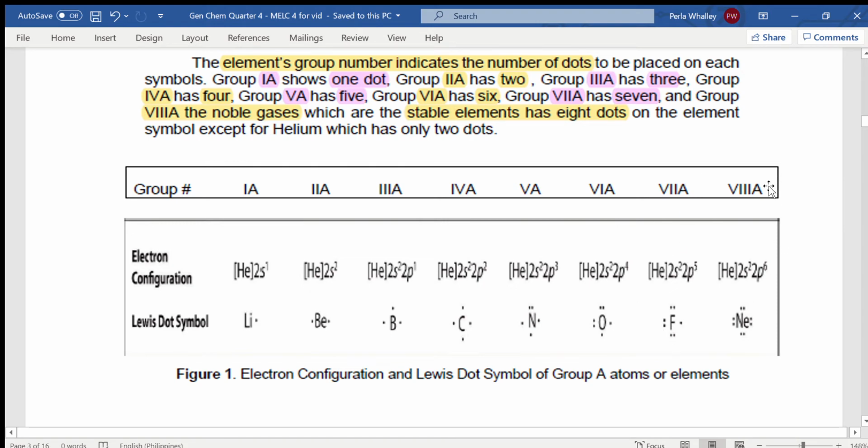And 8A, 8 dots around the symbol of the atom. That means, class, that whatever the group number of the element, it shows also the valence electrons. That is true for the group A elements in the periodic table.